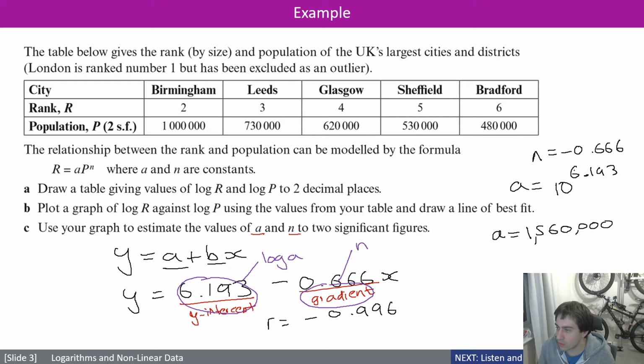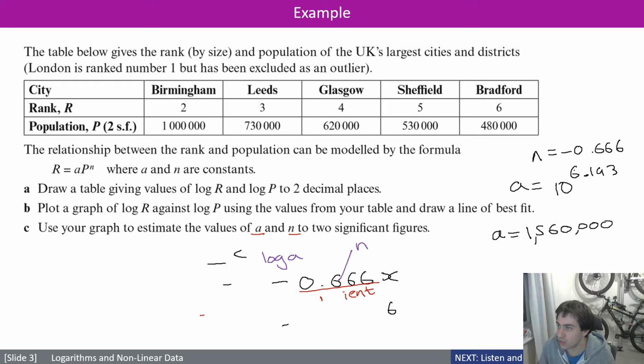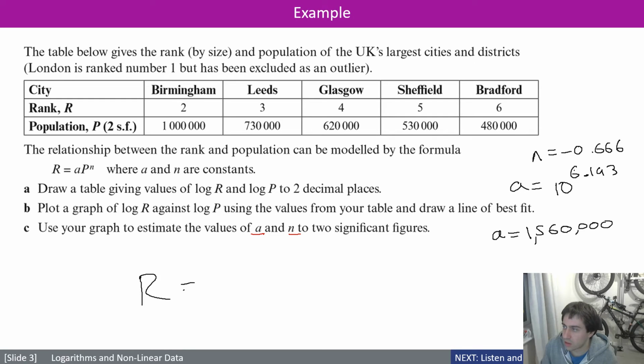So finally, that tells us what the actual relationship is, right? It's going to be R equals 1,560,000 times population to the power of minus 0.666.